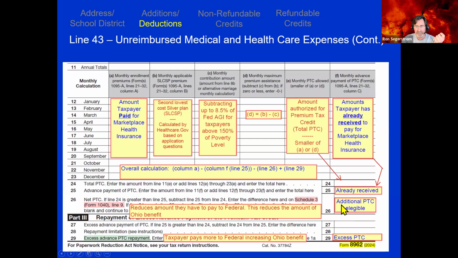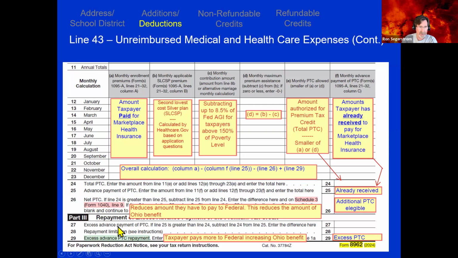If there's an amount in line 26, that means they basically reduce the amount they have to pay to federal. So they get some sort of credit, which is this line, and it reduces the amount of Ohio benefit.